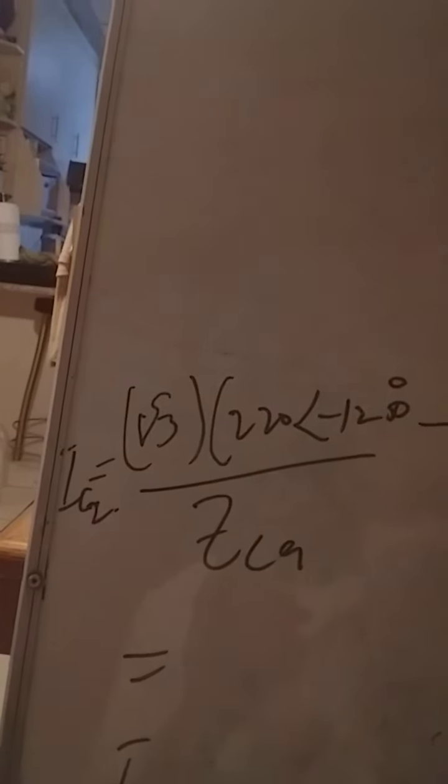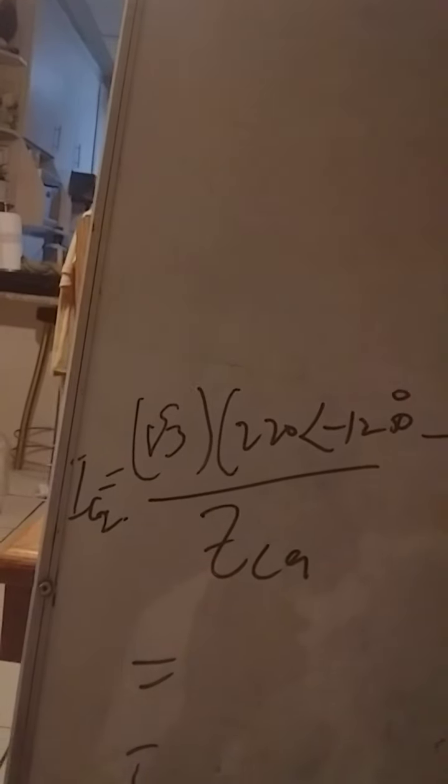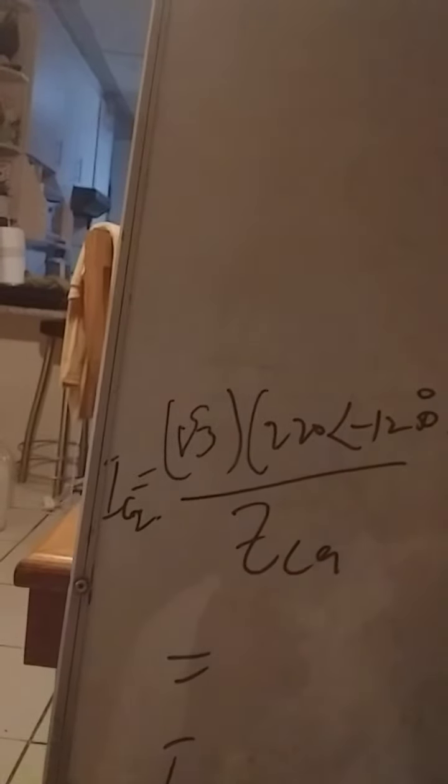Once you get IC4, you can get IC, because our question says you should calculate the current flowing in line C. That line current will be equal to what? If you take a node like this, this current is flowing into IC, so IC is taken as positive.